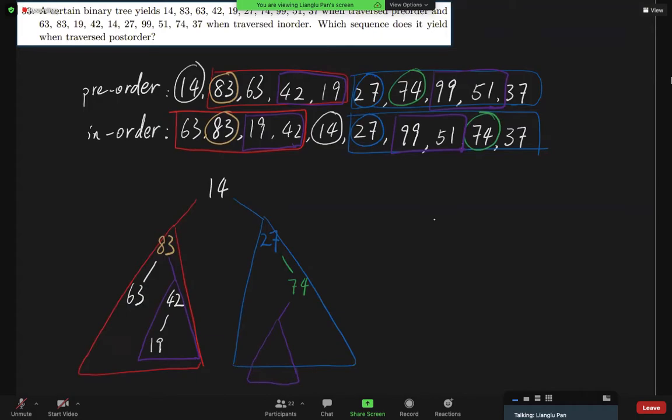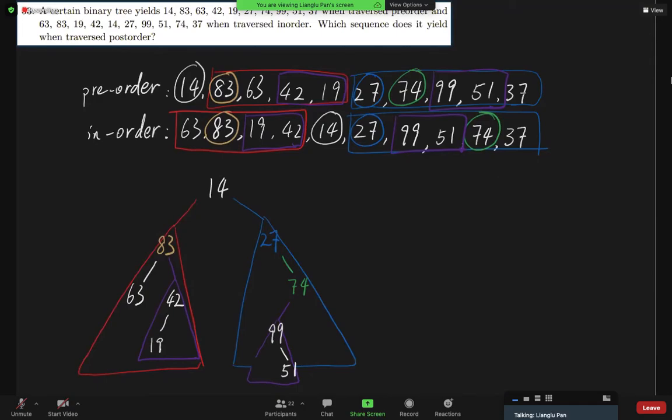And within this left subtree, the root node must be 99, as we can get from the pre-order traversal sequence. 99 is visited before 51, so 99 is the root node. And for the node 51, since 51 is being visited after visiting 99 in the in-order traversal sequence, 51 must be the right child of 99.